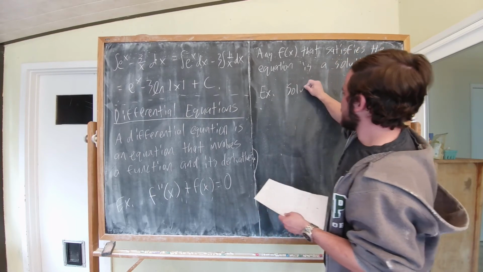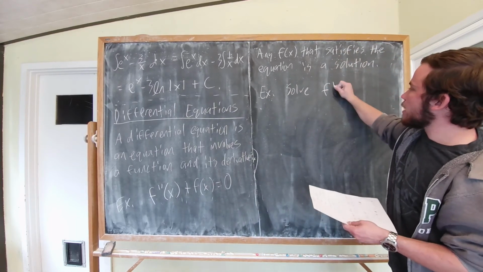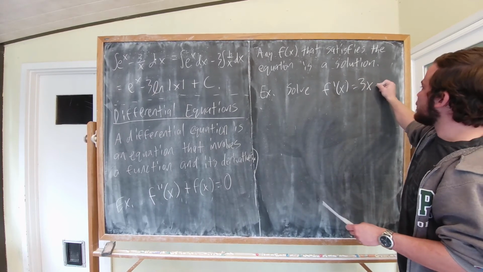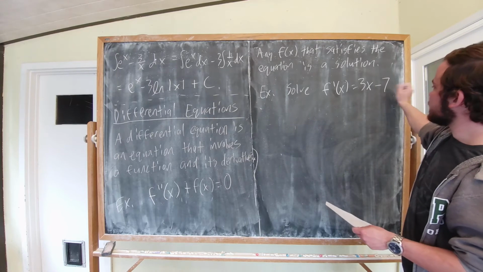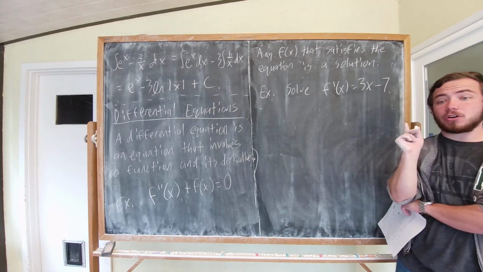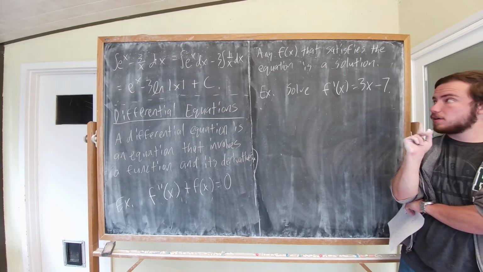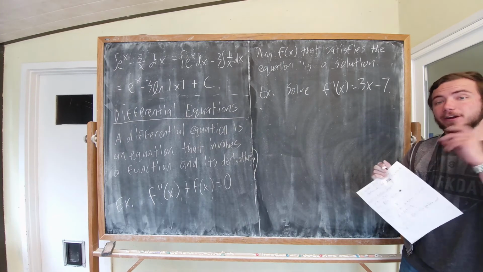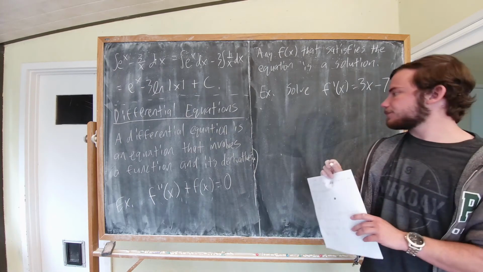Let's solve f prime of x is equal to 3x minus 7. But I know how to solve these ones. If I just have a single derivative, we can solve those very quickly by integrating.